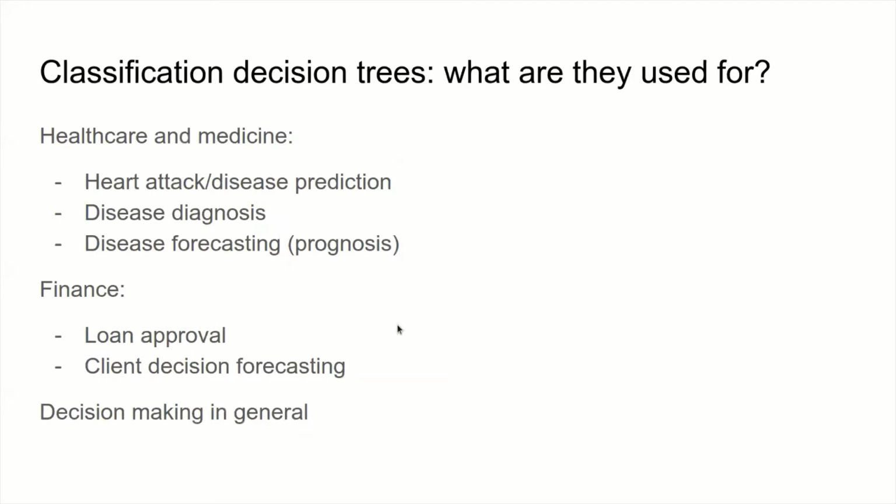So what are they used for? In healthcare and medicine, physicians use decision trees to predict the risk of a heart attack. For example, imagine that you have lots of records of people that have suffered from a heart attack in the last 5 years, and you have features about them, like their weight, their age, their sex.